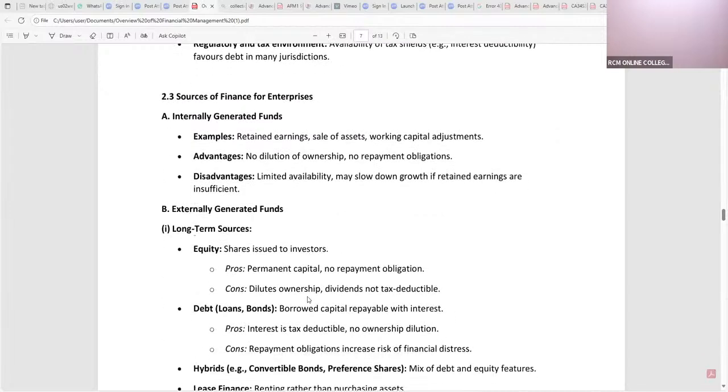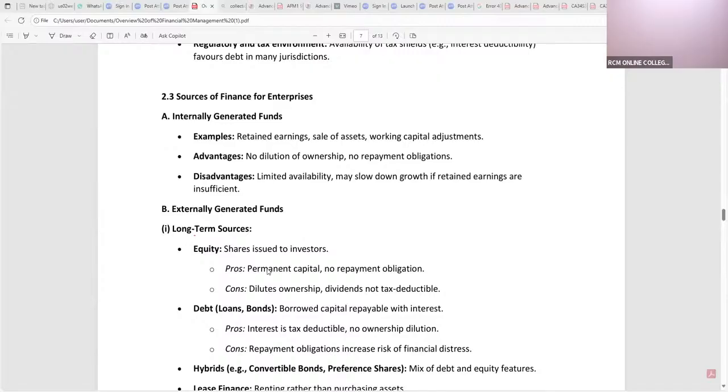Then we have now externally generated funds. Funds that you're going to raise from outside there. This will be equity funds where you are selling shares. This will be debts. This will be preference shares. So long-term sources: equity, shares issued to investors. The advantage is that it's a permanent source of capital.